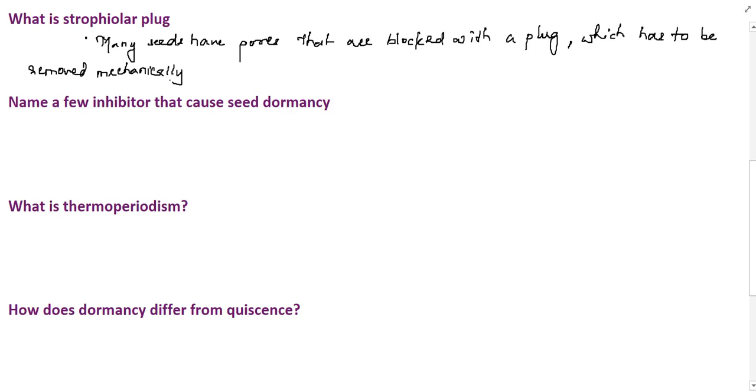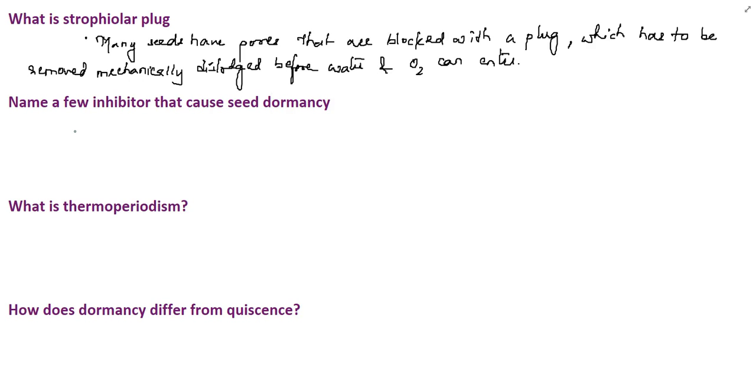Why do they need to be removed? They must be mechanically dislodged before water and oxygen can enter. This plug is basically blocking the entry of water and oxygen into the seed, so we have to dislodge this plug to allow the entry of water and oxygen.